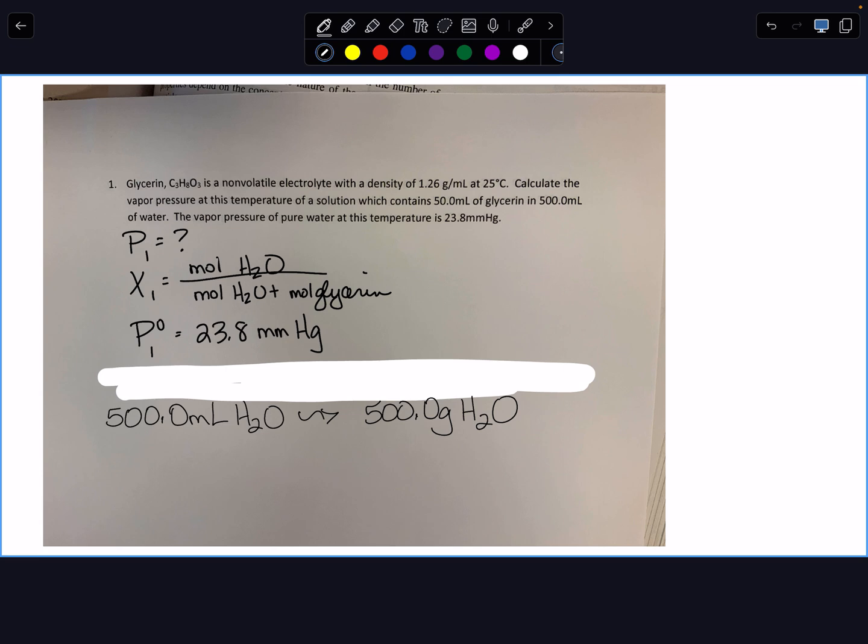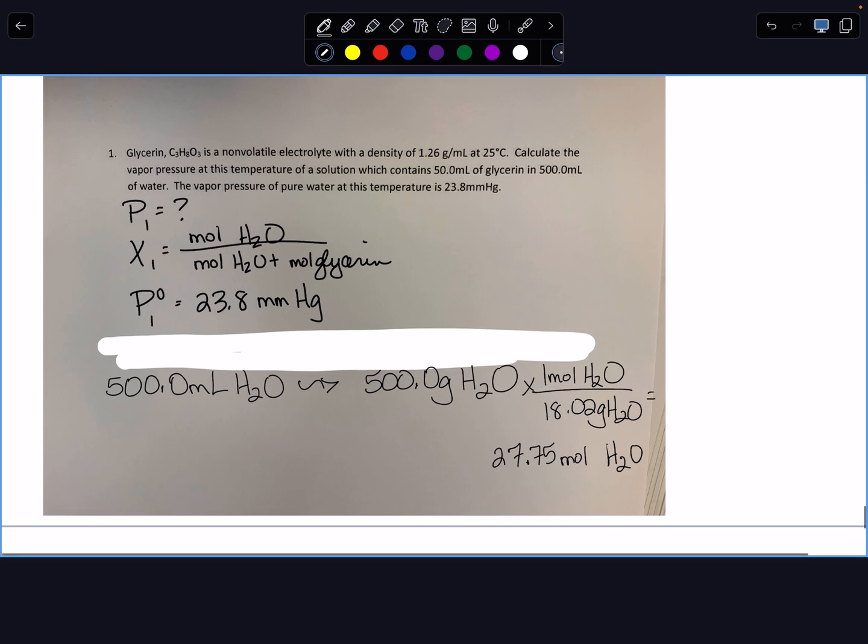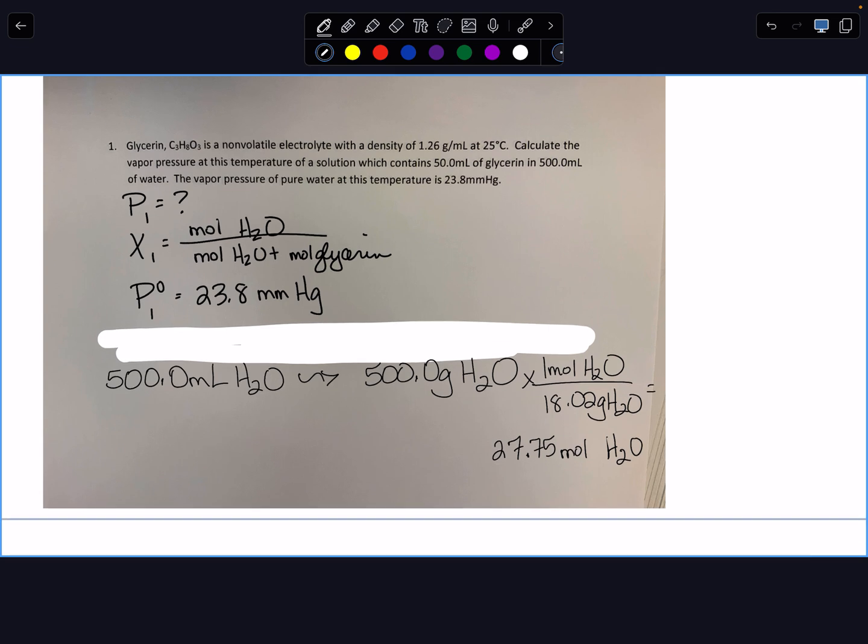And then I just convert that to moles. .75 moles of water.